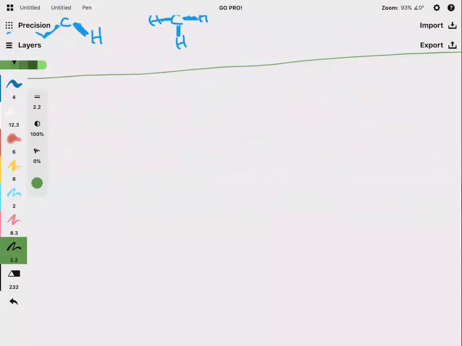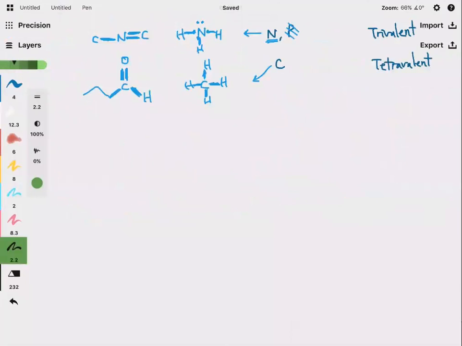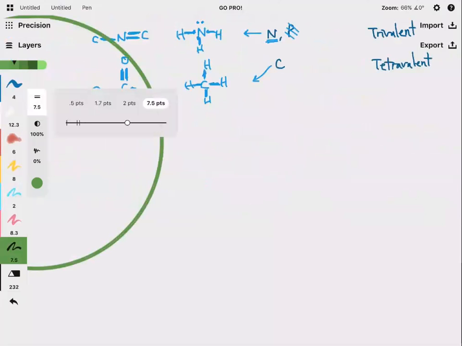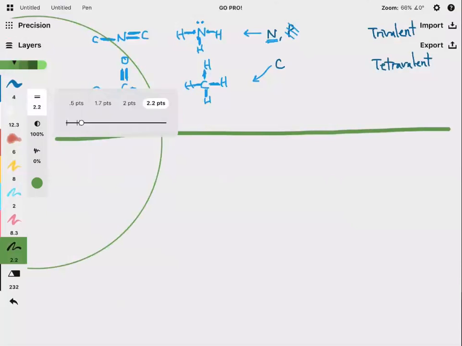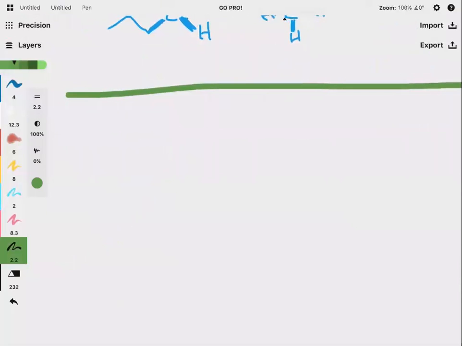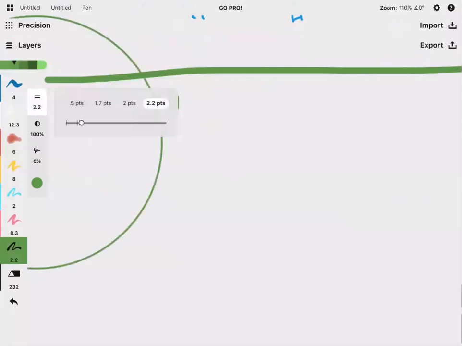in-class problems. So let's say we have NO2 minus, okay?